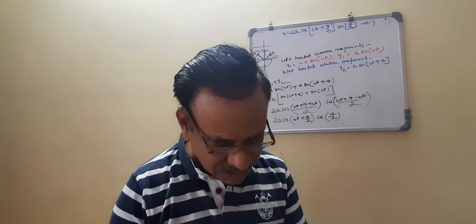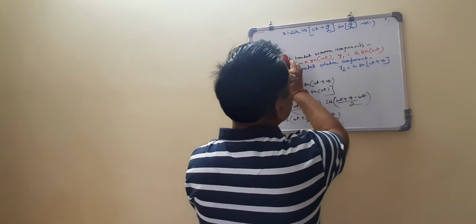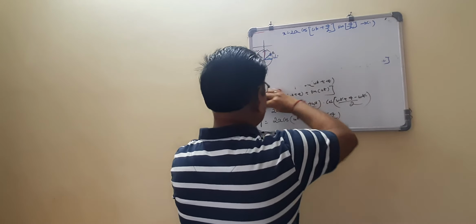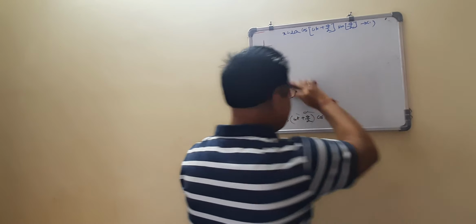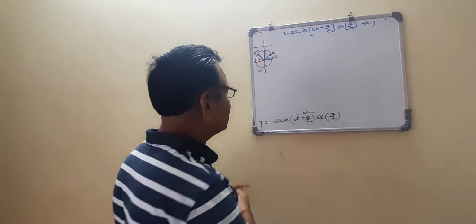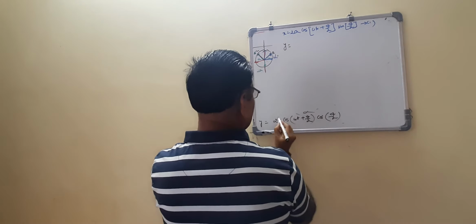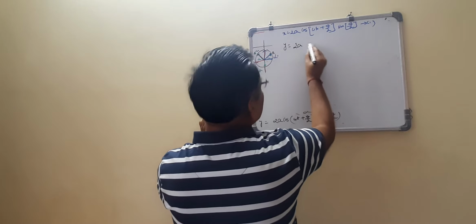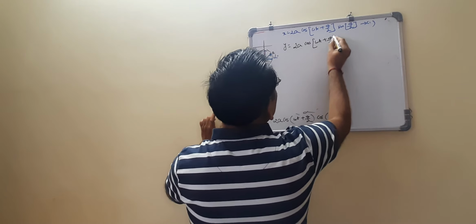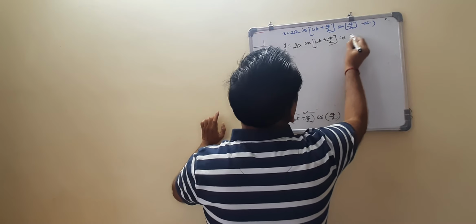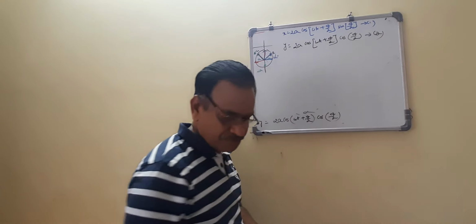This one is x and another one is y. You got it. Now I will rub this portion. Resultant y equal to 2a into cos of omega t plus phi by 2 into cos of phi by 2. This is equation number 2.